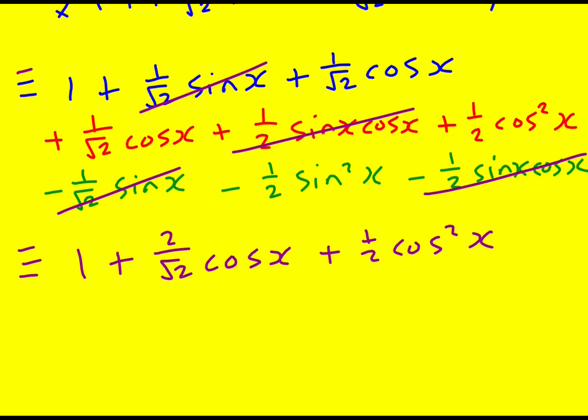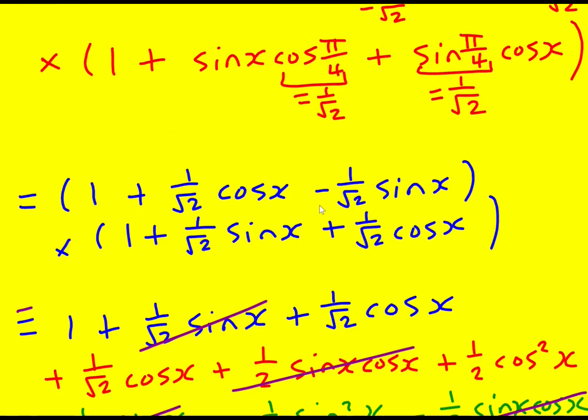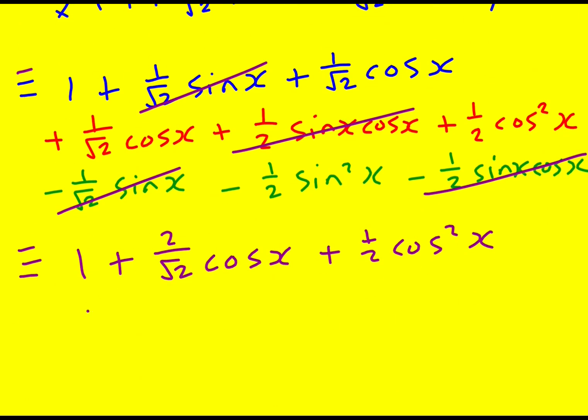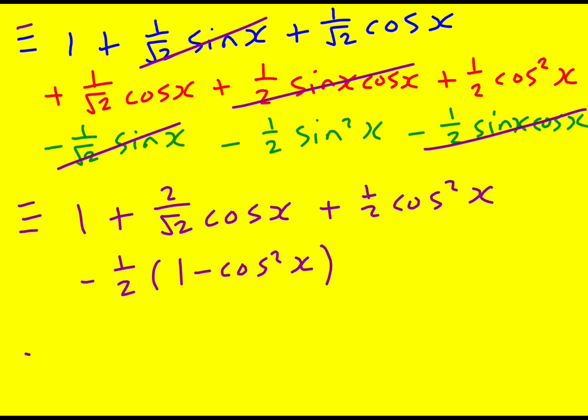cos squared x. Now, if we look at the answer, there's no sine squared in there. So at this point, I'm going to replace, oh yeah, sorry, it's minus a half. I'm going to replace that sine squared by 1 minus cos squared. And now, let me focus on this bit.